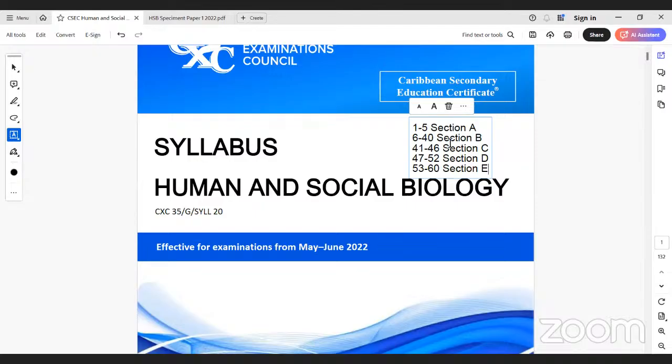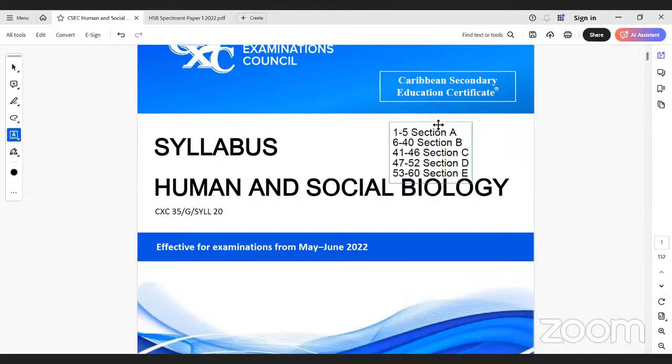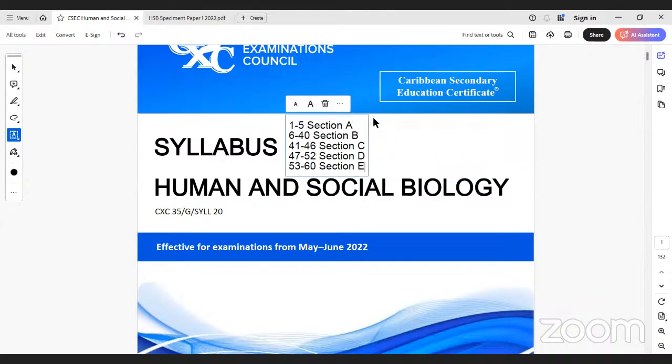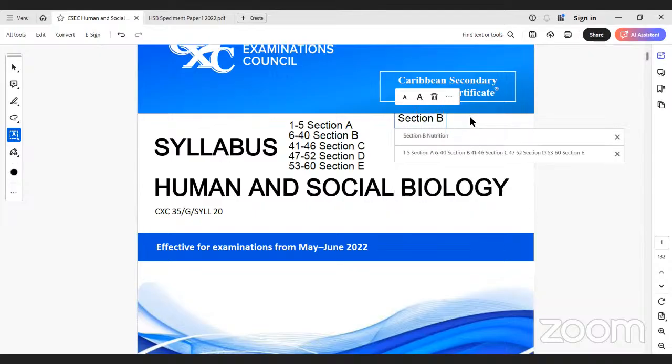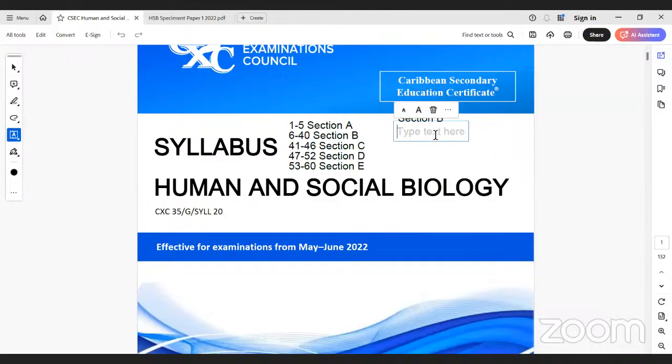Section B is life processes. And even in section B, we could break up the questions to see when we expect to get them. Section B starts off with nutrition, so we could break it up to see what question comes where.